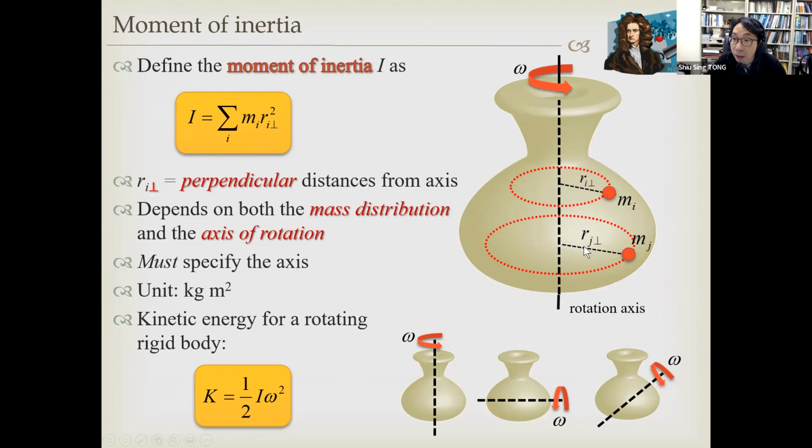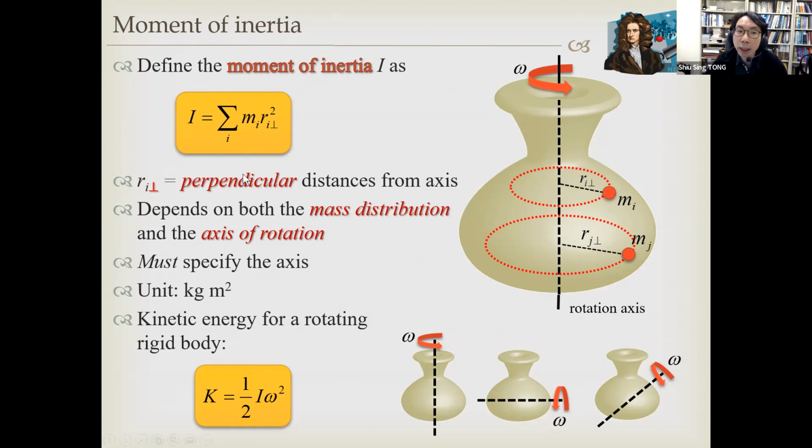And it is a perpendicular distance from the axis, right? It is not the distance from a point, but a distance from an axis. So that's why I use the subscript perpendicular to remind me that it is the perpendicular distance from the axis.